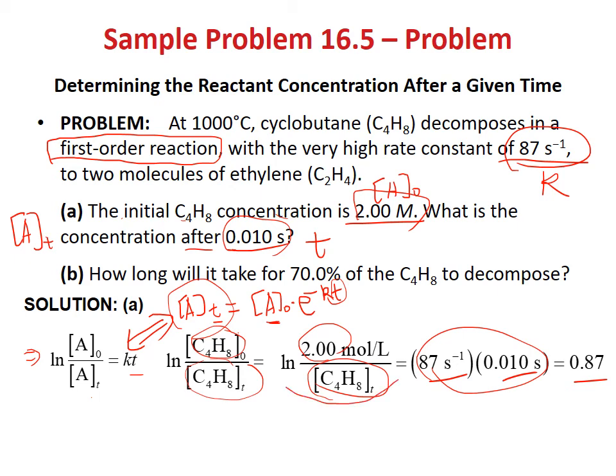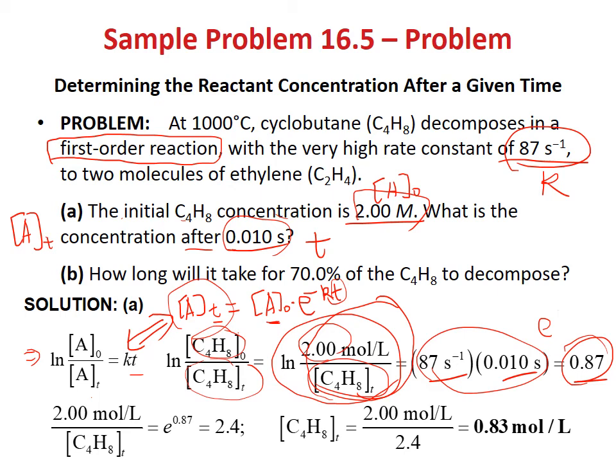So if the natural log equals 0.87, then according to the definition, the argument equals e to the 0.87 power.